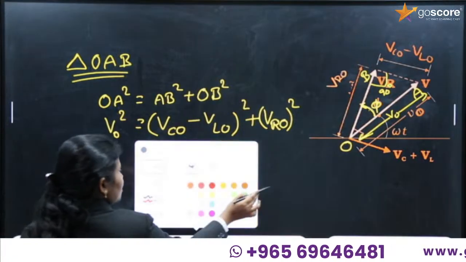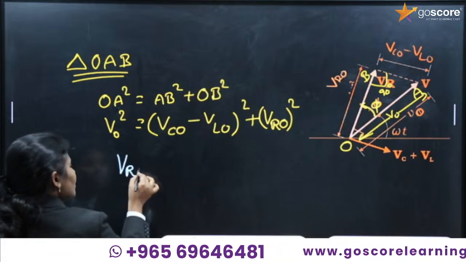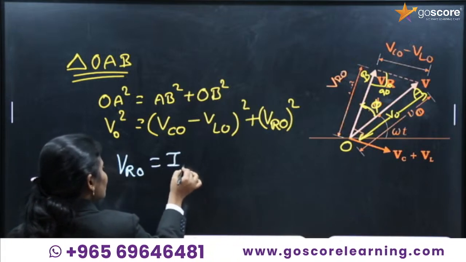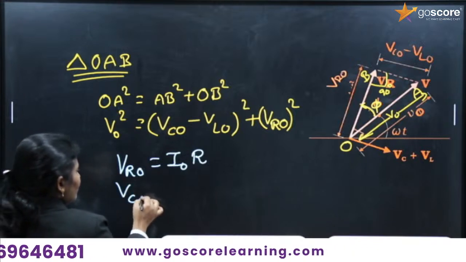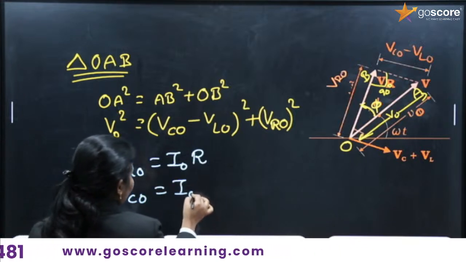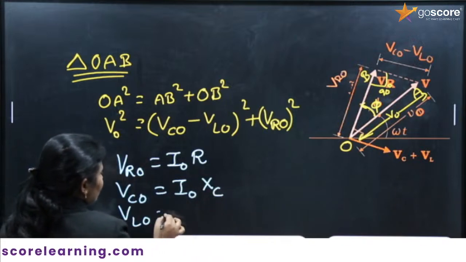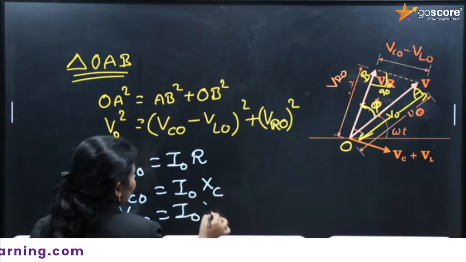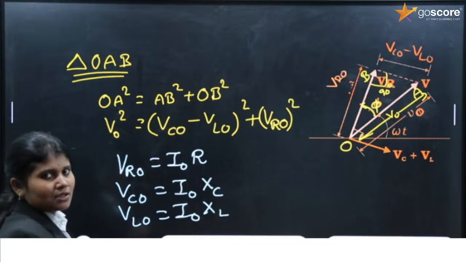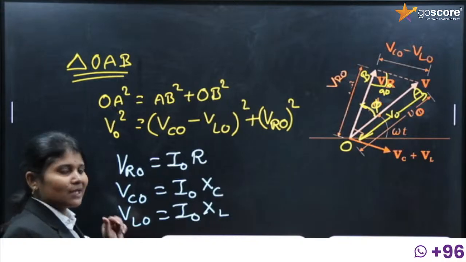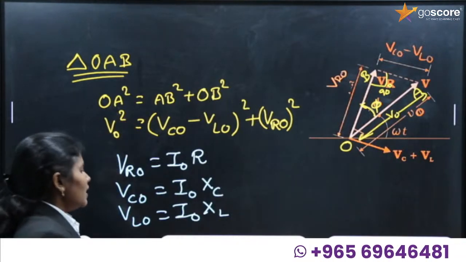We know that VR naught is equal to I naught into R, VC naught is equal to I naught into XC, and VL naught is equal to I naught into XL, the voltages across a resistor, a capacitor and an inductor. Substitute these values in this equation.